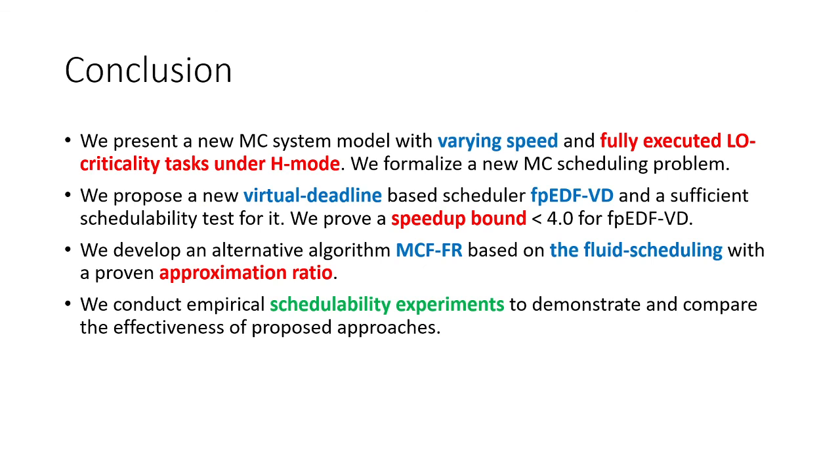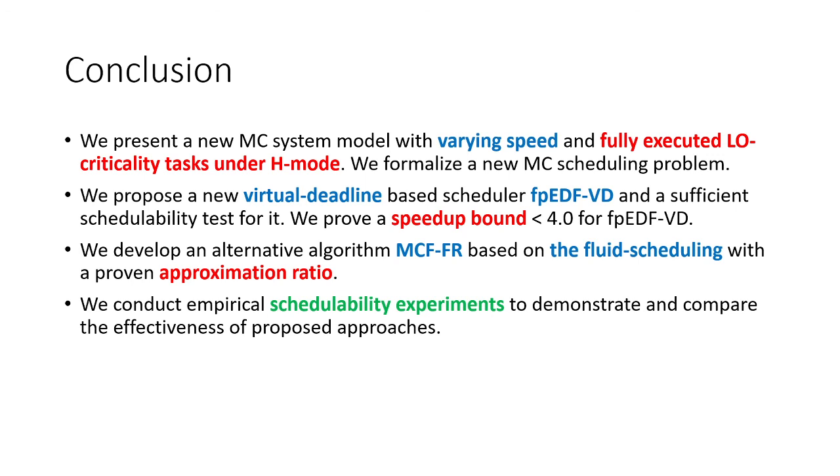In summary, we presented a new MC model with a varying speed: a system-wide energy conserving speed rho in low mode, and a normal speed 1 in high mode. Meanwhile, low criticality tasks are fully executed not only in low mode, but also in high mode. And we give the problem statement under our model.